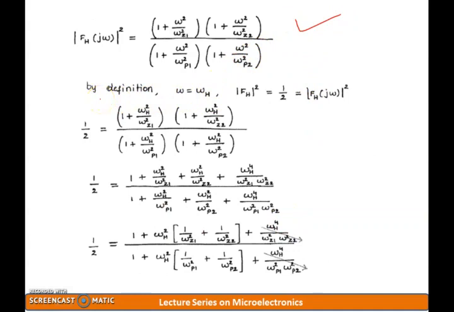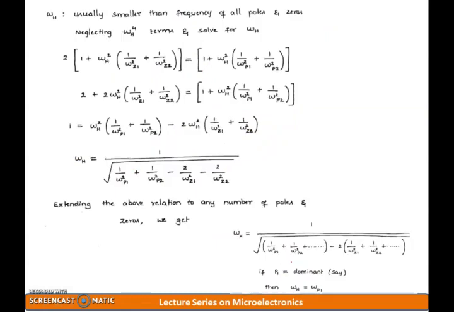By definition, I will be very interested in that particular pole which is very dominant, and I can also write omega equal to omega h, because I am interested in the higher cutoff frequency. Upon replacing omega with omega h, and after simplification, this is the equation I am going to get. Upon further simplification, I get the omega h value equal to this.